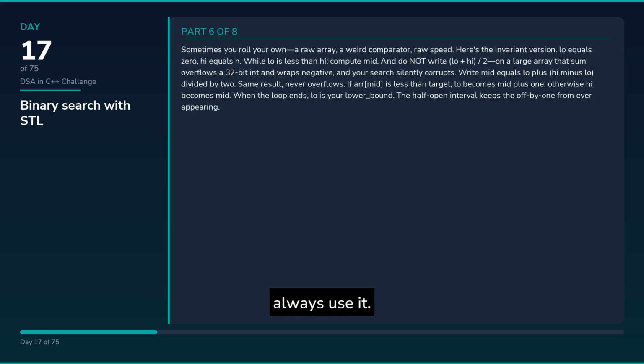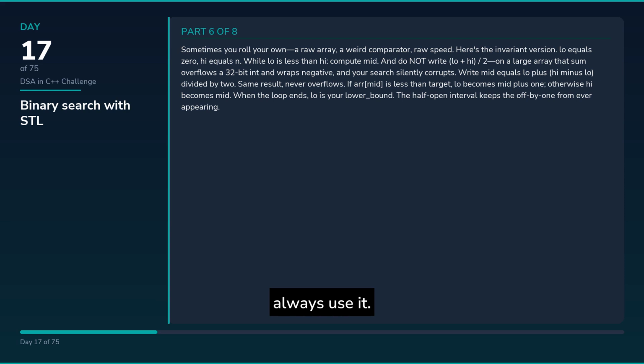Sometimes you roll your own, a raw array, a weird comparator, raw speed. Here's the invariant version. low equals 0, high equals n. While low is less than high, compute mid. And do not write (low + high) / 2. On a large array that sum overflows a 32-bit int and wraps negative, and your search silently corrupts.